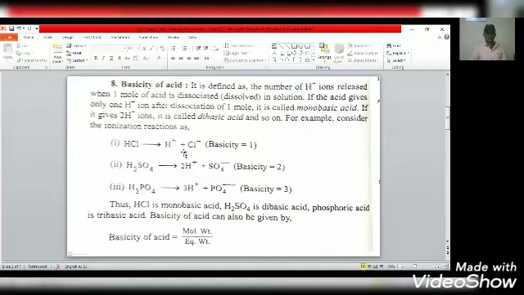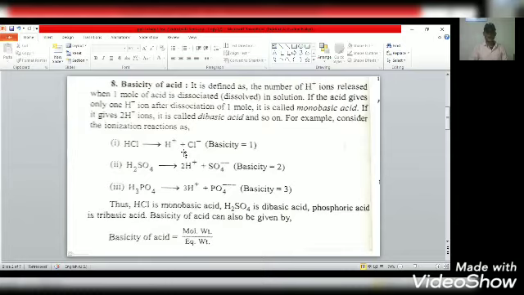If the acid gives only one H plus ion after dissociation of 1 mole, it is called monobasic acid. If it gives 2 H plus ions, it is called dibasic acid, and so on.